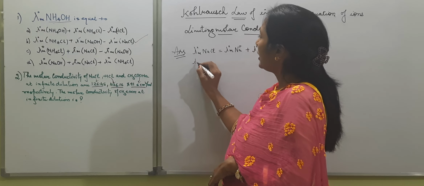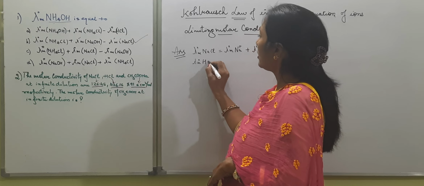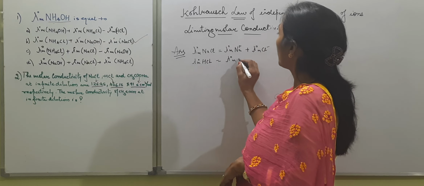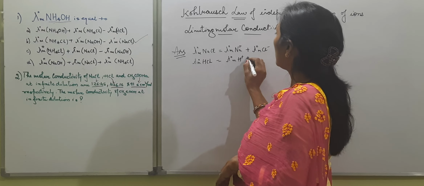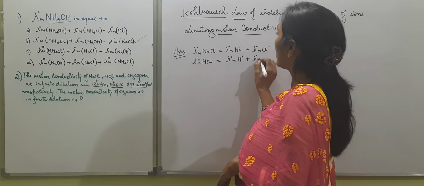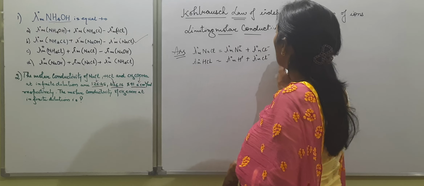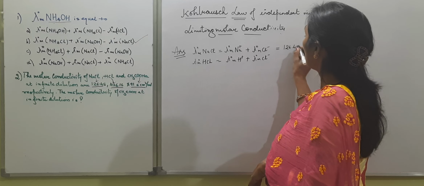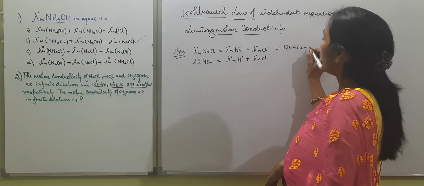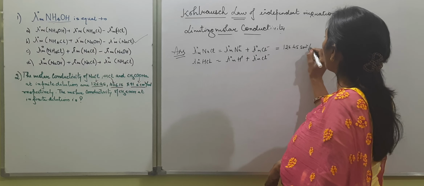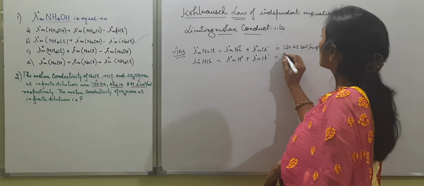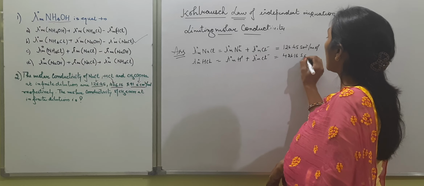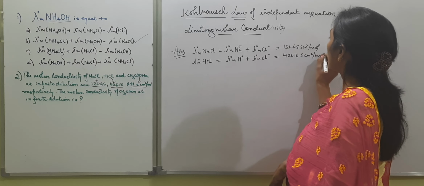Then we have the limiting molar conductivity of HCl, which can be written as the limiting molar conductivity of hydrogen ion or proton and the limiting molar conductivity of Cl minus. And we can also write the values here, that is 126.45 Siemens centimeter square per mole, and this is 426.16 Siemens centimeter square per mole.